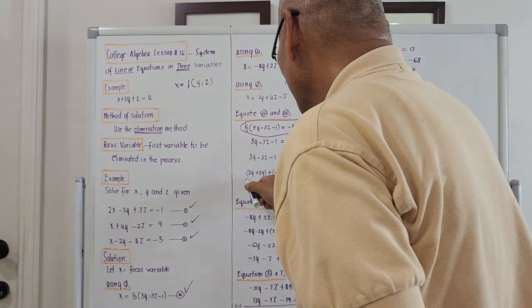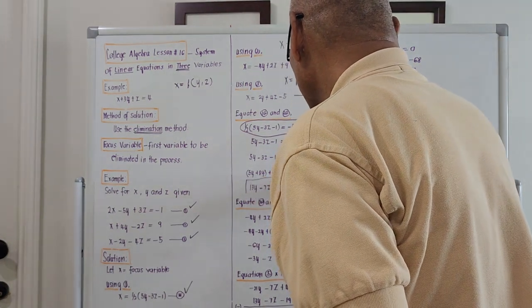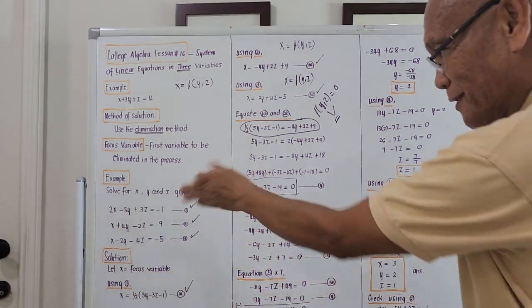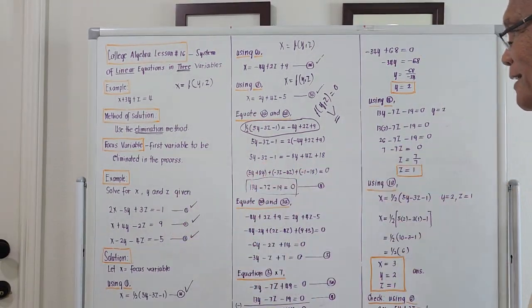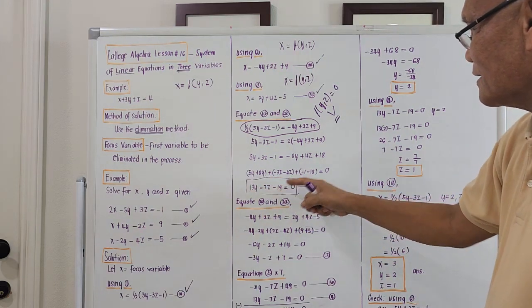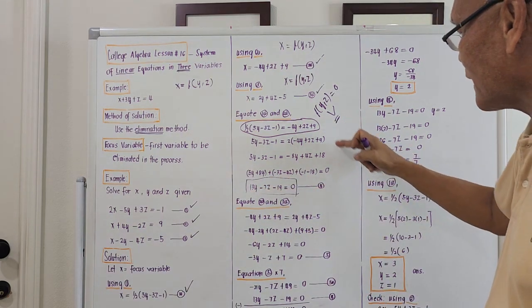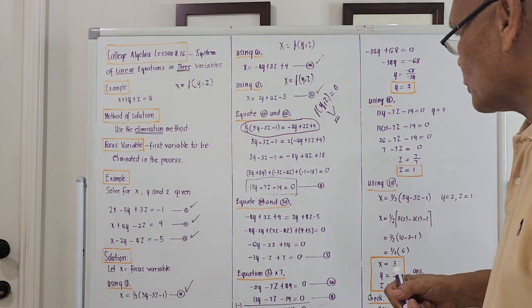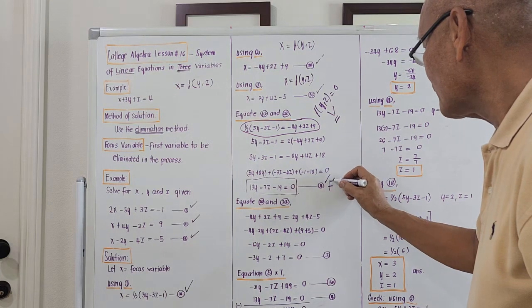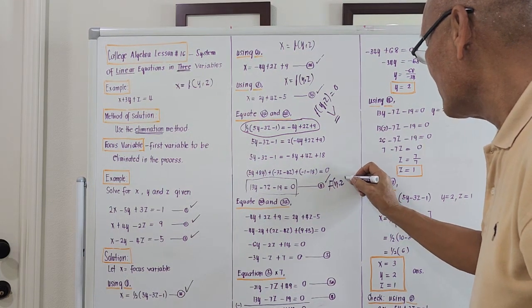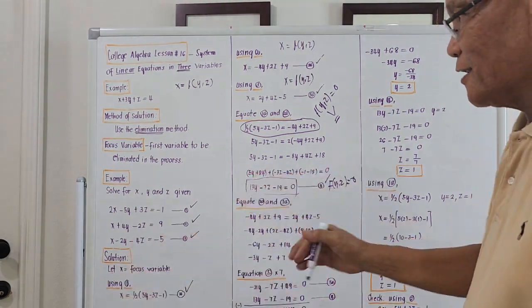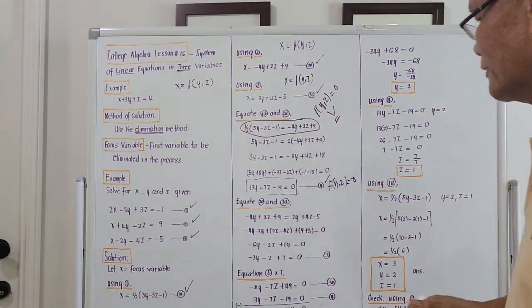The first equation involving y and z will be 13y minus 7z minus 19 equal to 0. We call it equation number 4. This is now a pure function of y and z, equal to 0. No more x. We eliminated x by equating 1a to 2a.